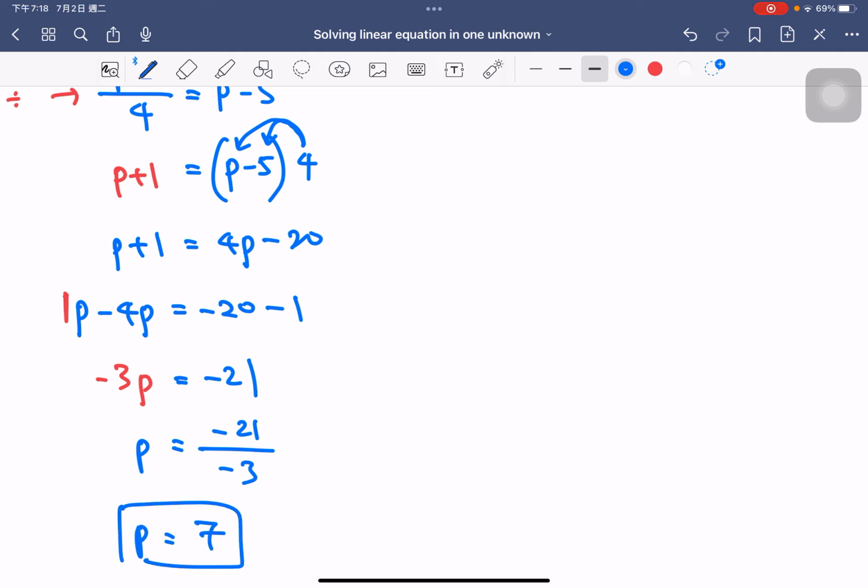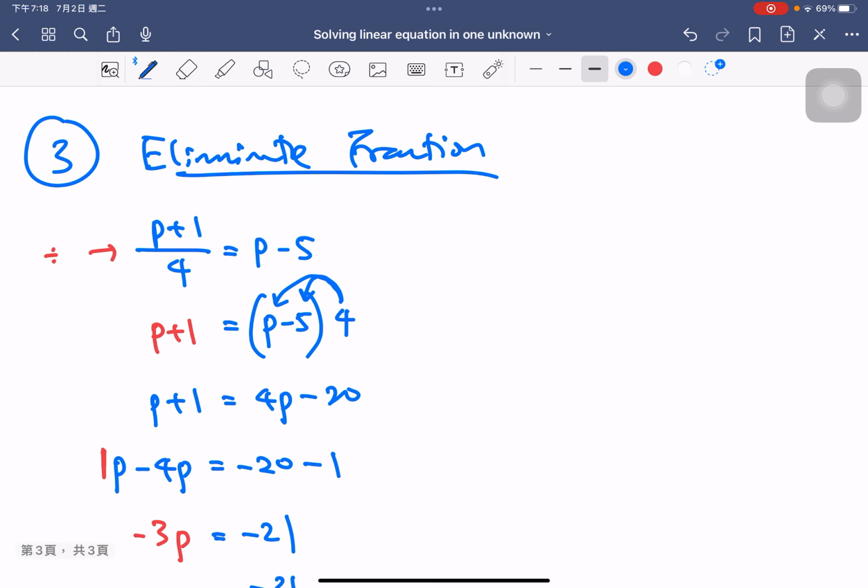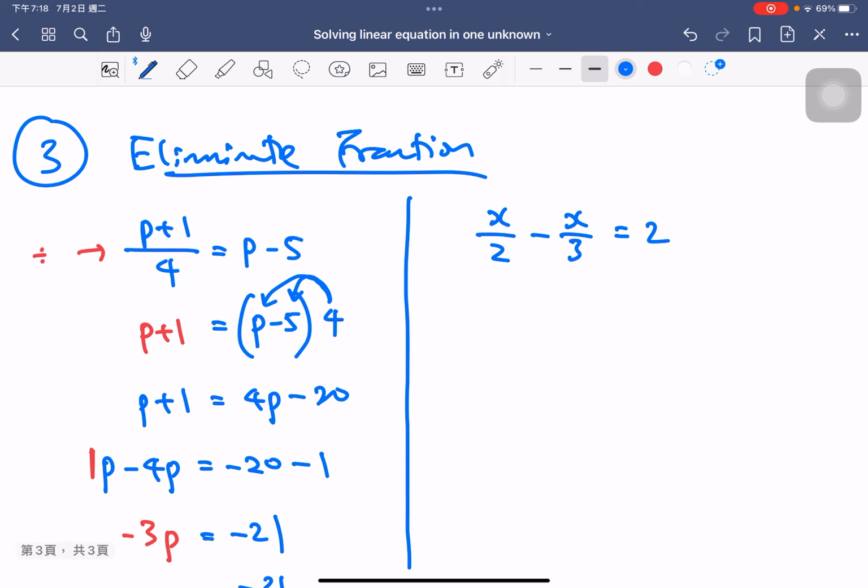Okay, so that's an example about eliminating the denominator, but for this one we only have one denominator. So what's going to happen if we have two? So for example, if I have x divided by 2 minus x divided by 3 equal to 2. So first of all, you can find the LCM, the lowest common multiple, as the denominator, but some of you may think it's harder, so I can try to use another way to teach you.